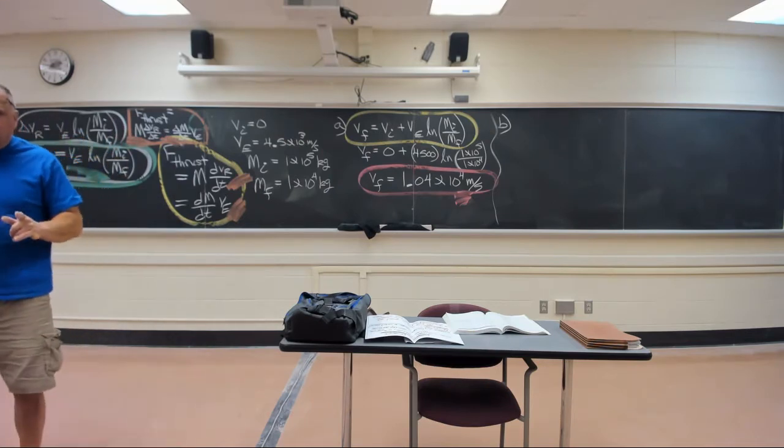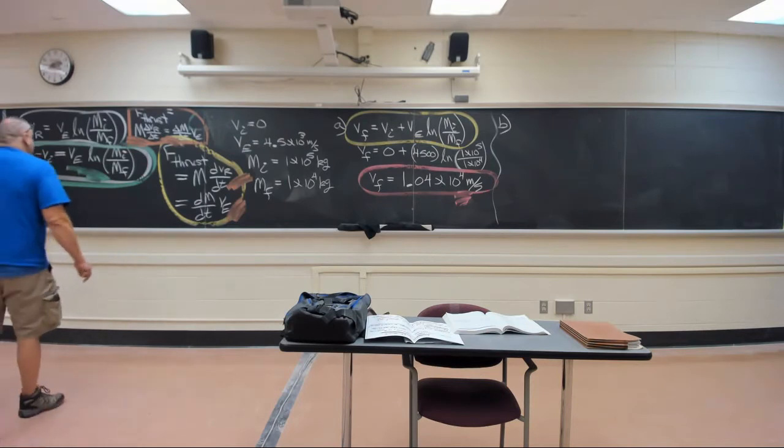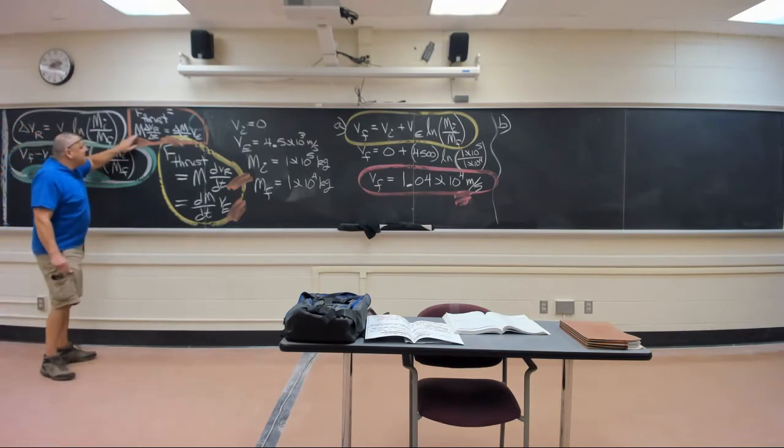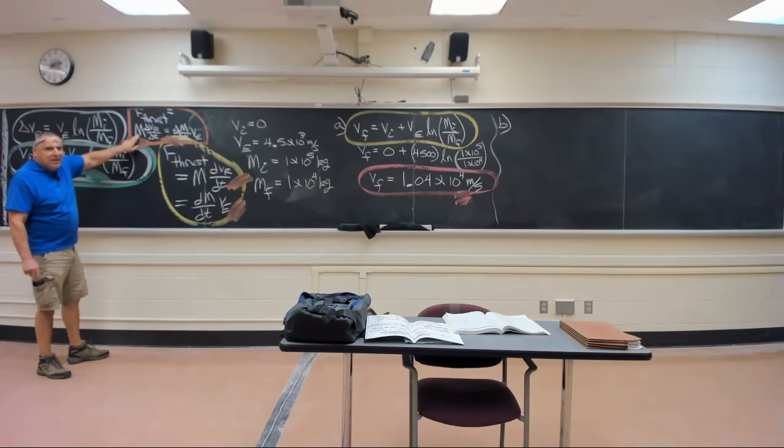Yeah, it's a constant. How on earth is it a constant if the mass of the rocket will continually change? It'll go from being very massive to losing 90% of its mass.